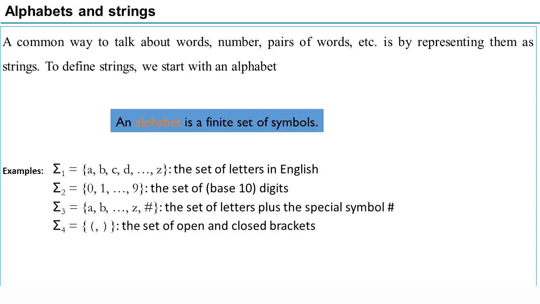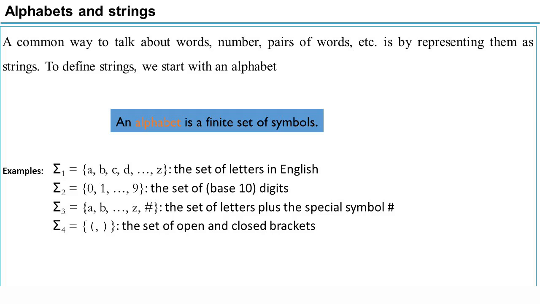Now when you come to alphabets and strings, what is an alphabet? An alphabet is a set of symbols. Using these alphabets, we talk about words, numbers, pairs, and we represent strings. So when you want to go for the string, you have to know what an alphabet is.